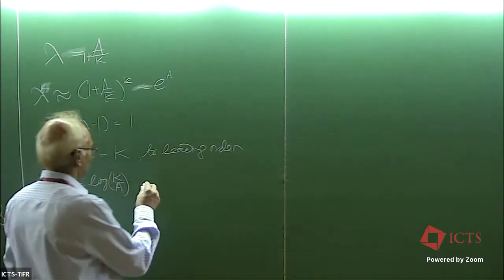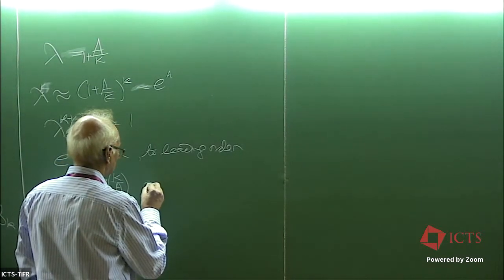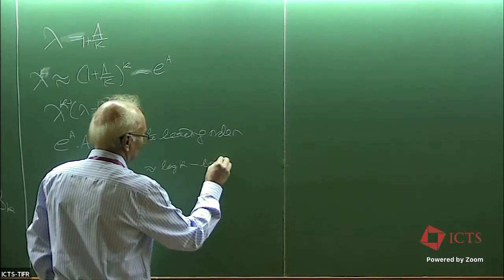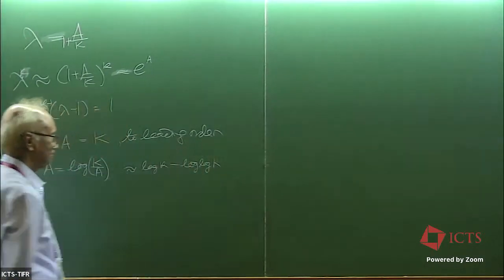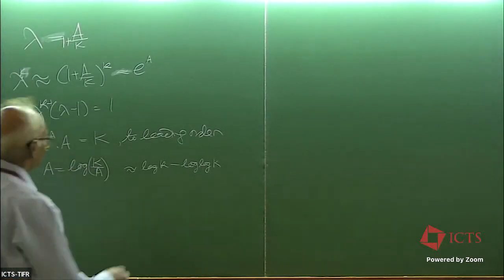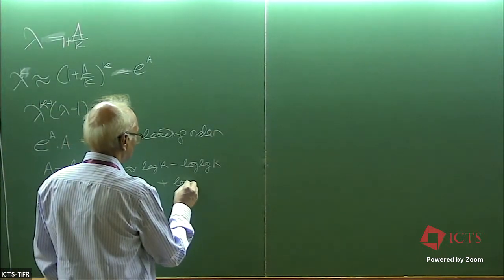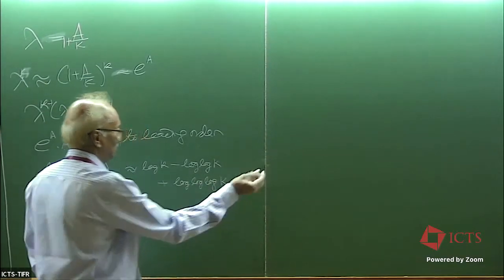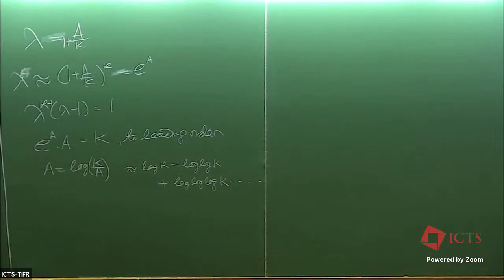Then if you put this in, it goes like log k minus log k to next order. But if I iterate again, it will be log k, and it never stops. You just keep on getting more logs one after another.